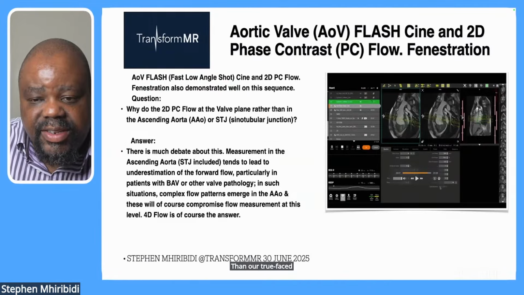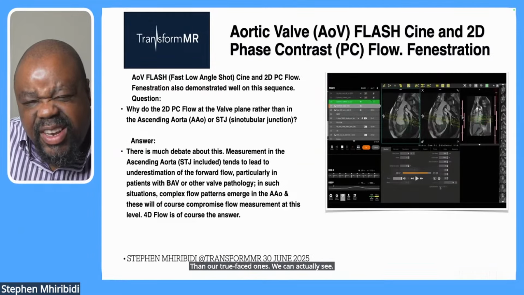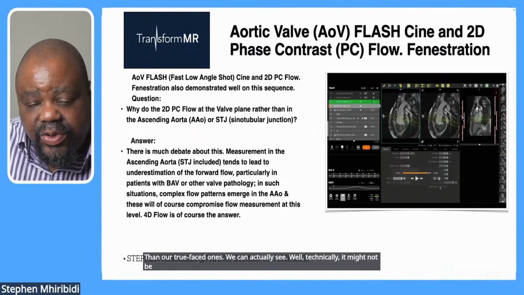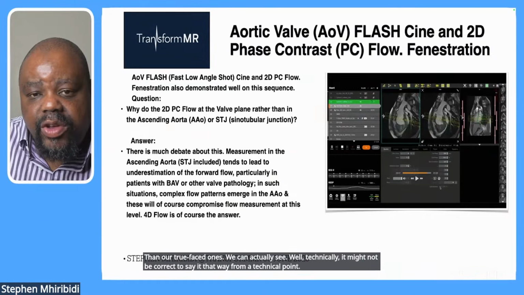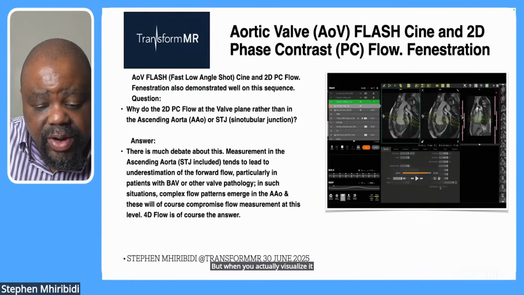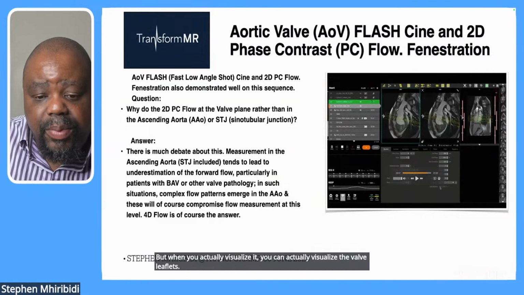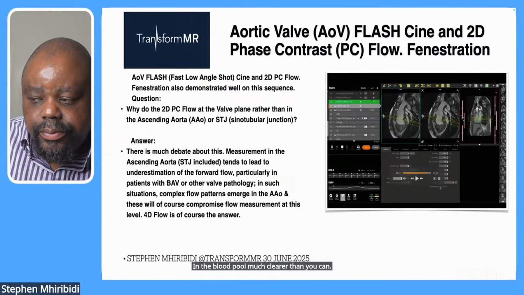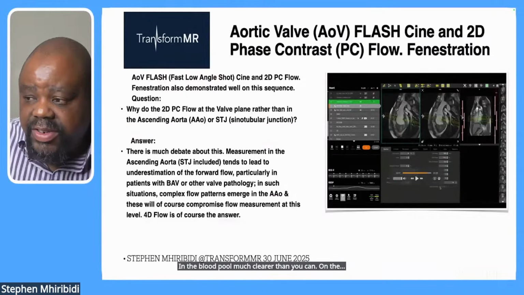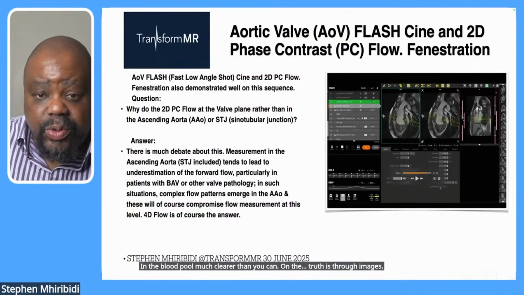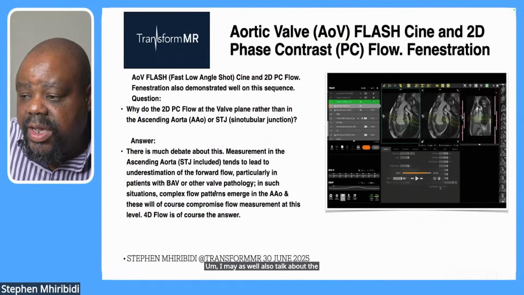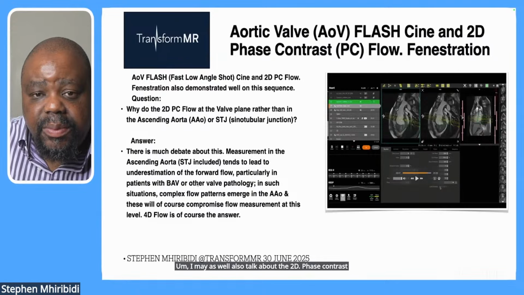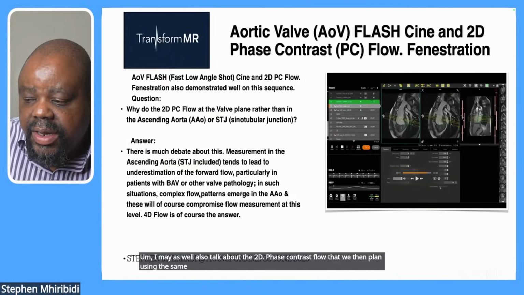We can actually see, well, technically, it might not be correct to say it that way from a technical point, but when you actually visualize it, you can visualize the valve leaflets and the blood pool much clearer than you can on the true FISP images. I may as well also talk about the 2D phase contrast flow that we then plan using the same images.